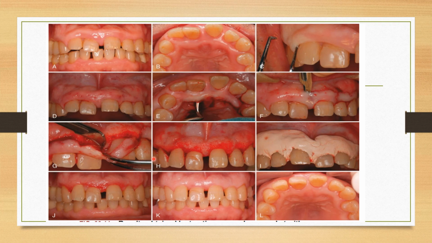This is the view after removal, and this is the Periopack given after the gingivectomy procedure. There is immediate healing after 7 days, and after 14 days you can see the labial view and the palatal view.